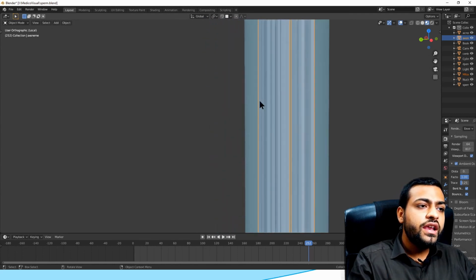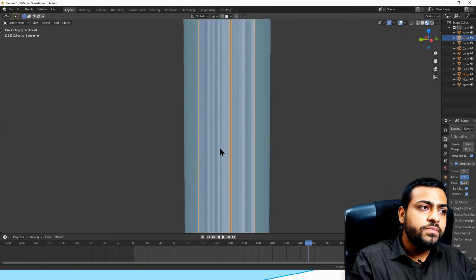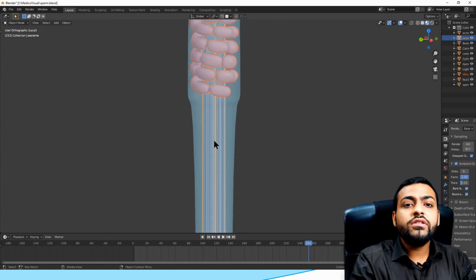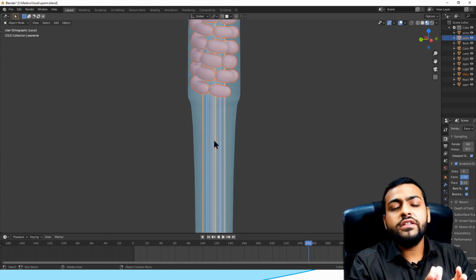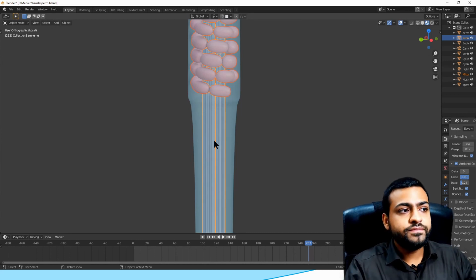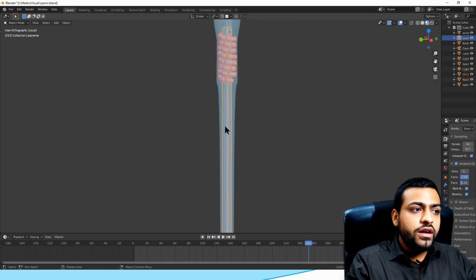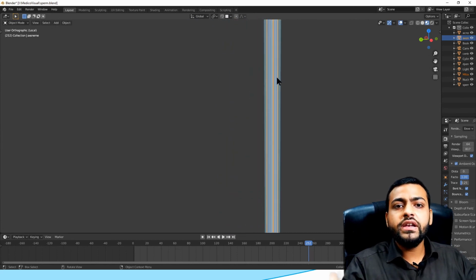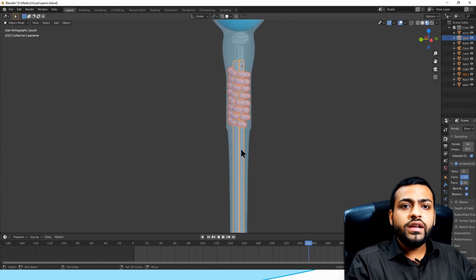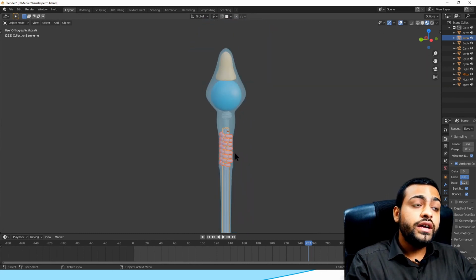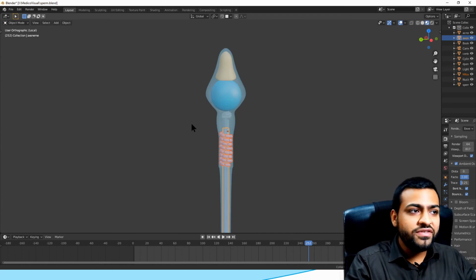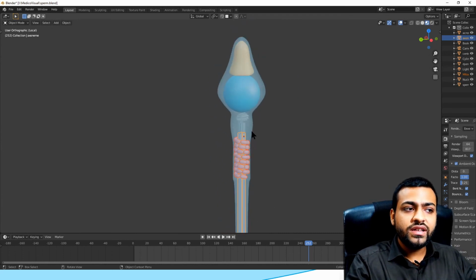And this inner mechanical part of flagellum, these microtubules along with associated proteins, as a whole, is called axoneme. Now axoneme, surrounded by this membrane, is called flagellum or tail, right? And this is the complete 3-dimensional structure of spermatozoa, right?